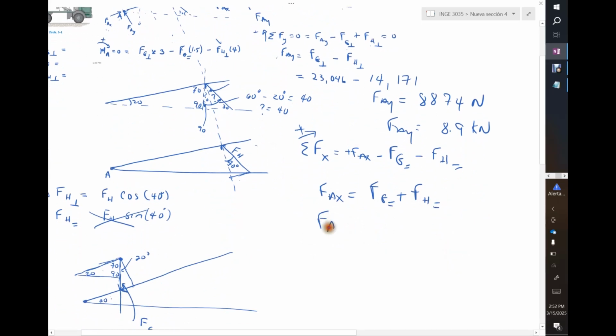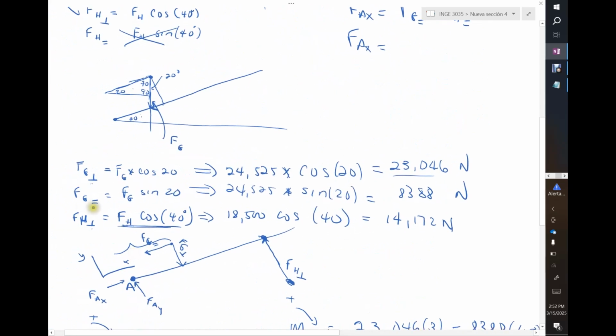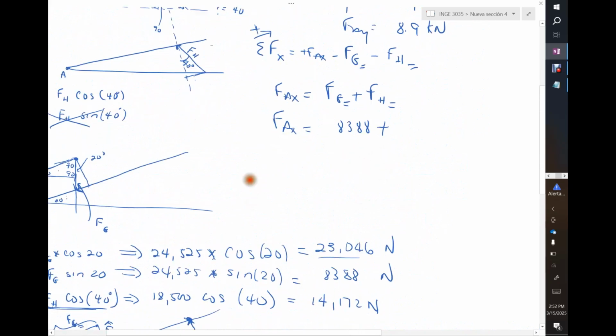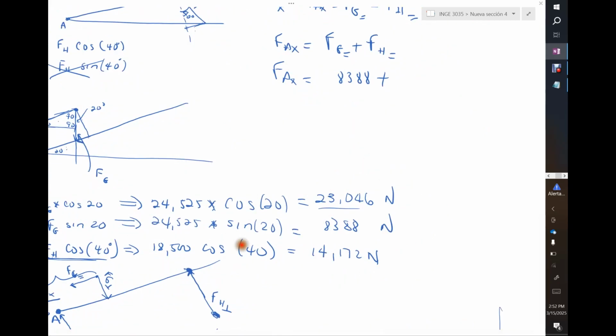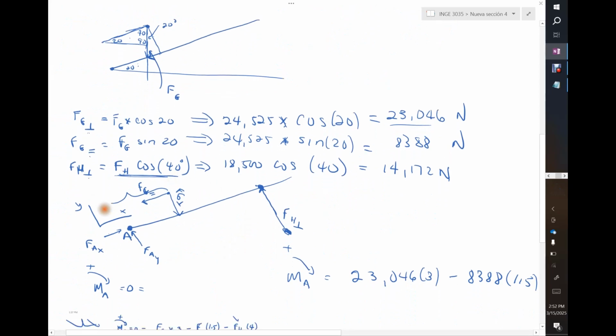So the force in X direction, FG parallel is 8388 plus FH, which is parallel as well. We haven't calculated that, but we're going to calculate it here.